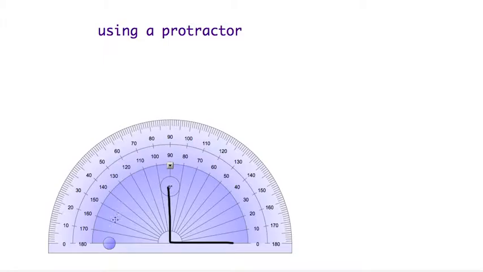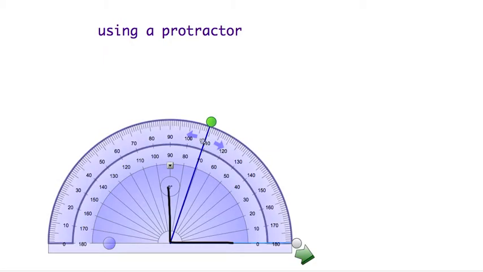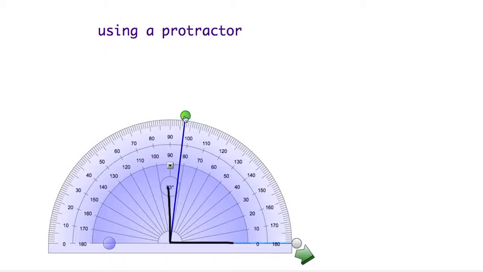So if I'm going to measure this angle, this is just on my software here. We wouldn't have it when we have our real protractors, but this is to show you how it works. If I go right over here, my angle is just a little bit larger than 90 degrees, and my reading shows 90 degrees.